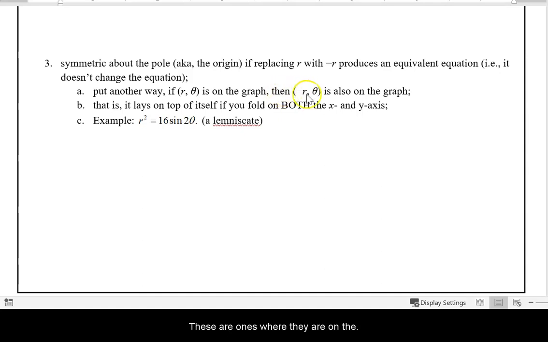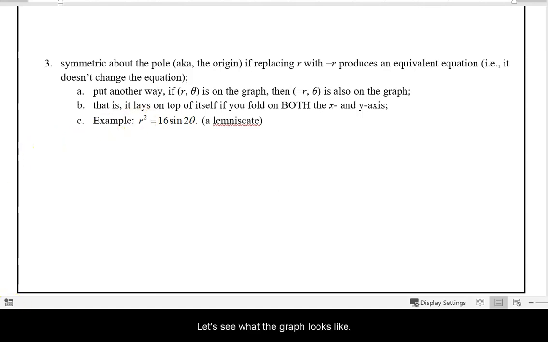These are ones where they are on the graph if they're along that 180-degree line. You can tell by looking at this equation that it would satisfy that condition, since replacing r with negative r and then squaring it would not change the equation at all.